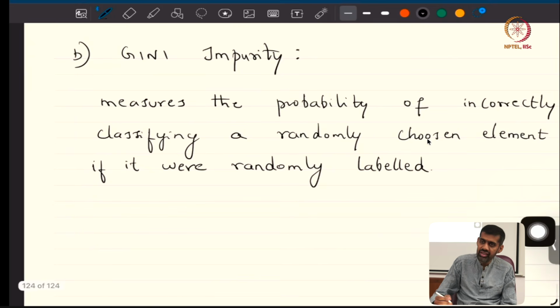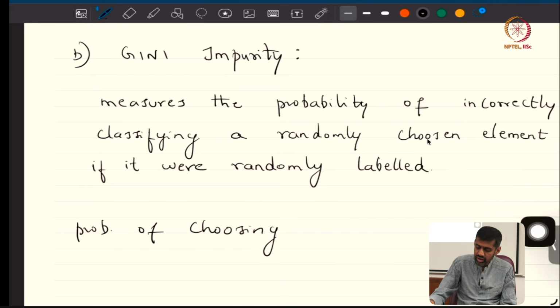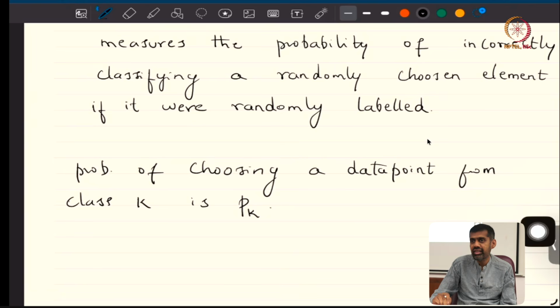How do we get this probability in terms of the pk that we have written? What is the probability of choosing a point belonging to a particular class? So, the probability of choosing a data point from class K is pk, and the probability of incorrectly labeling it is 1 minus pk, right.